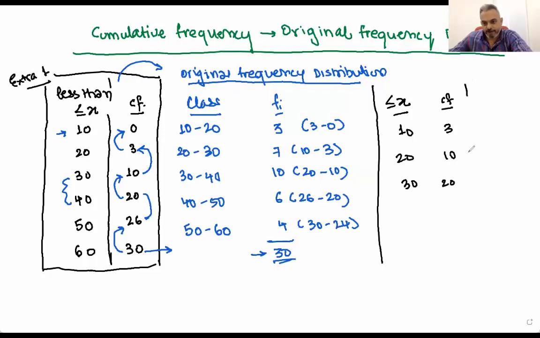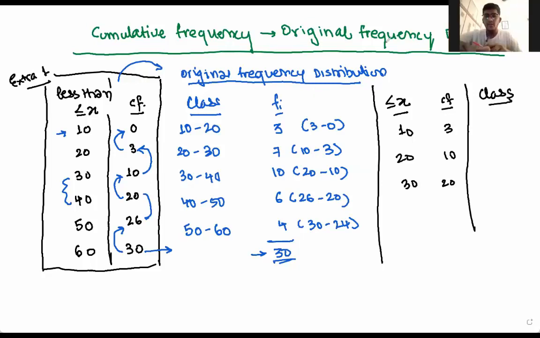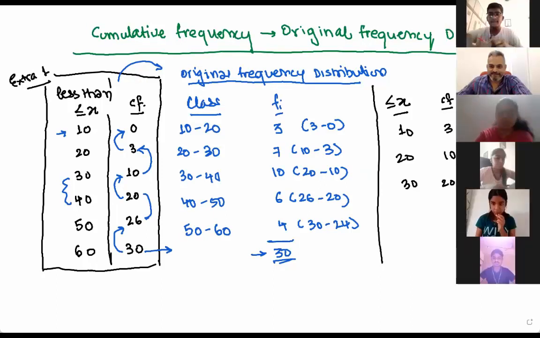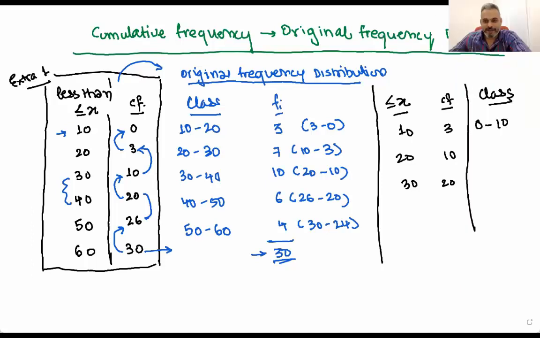If it was given like this, can you tell me what will be the first class? 0 to 10. Very good. Understood this? Did you understand the difference between the two? So be careful. Here it will be 0 to 10.